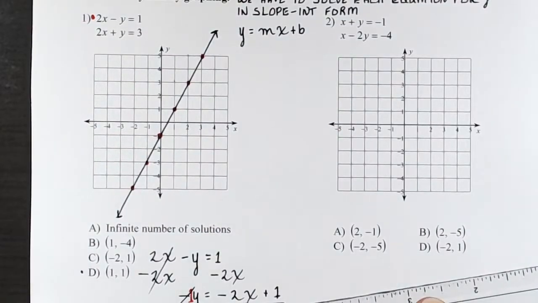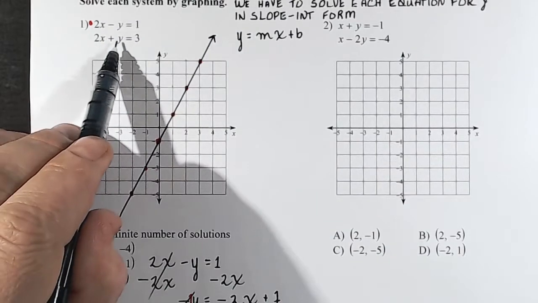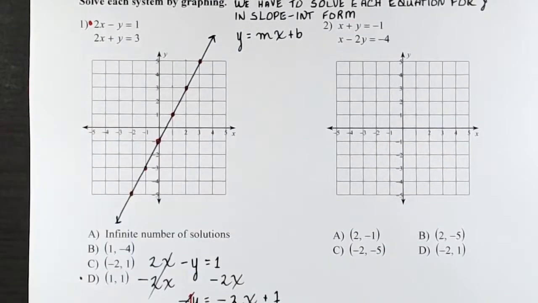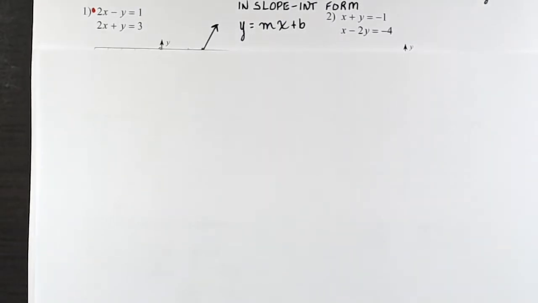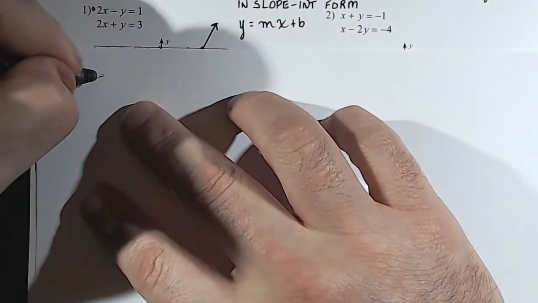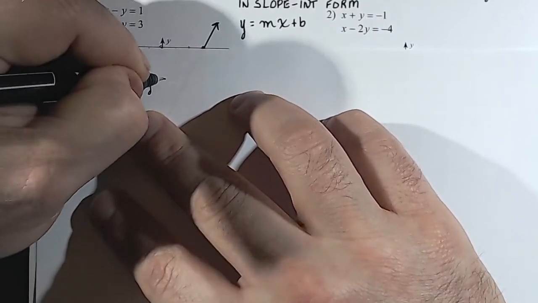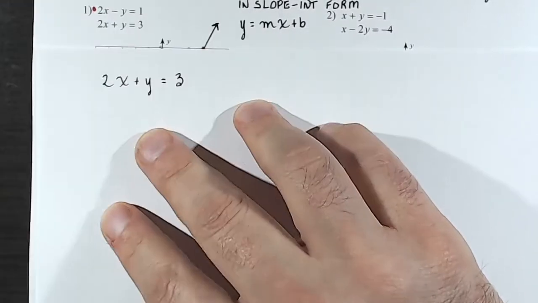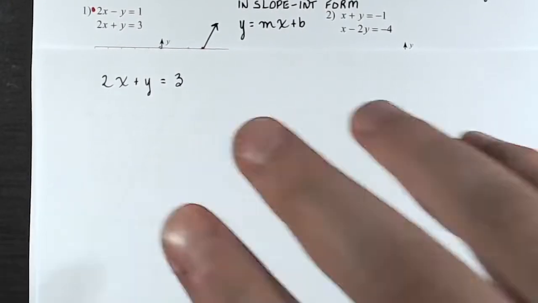Now let's see if we can do the same little magic trick with 2x plus y equals 3. Let's take 2x plus y equals 3, and let's solve for y and get that equation in slope-intercept form.